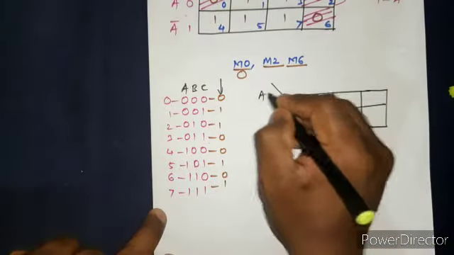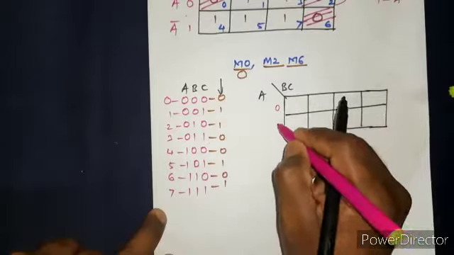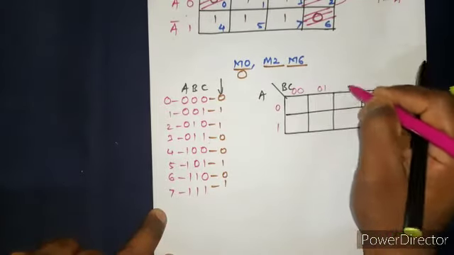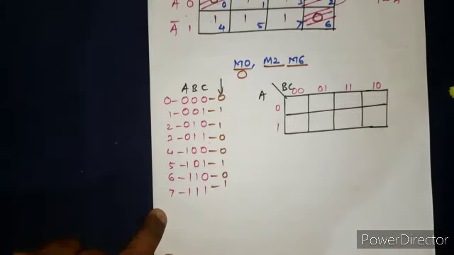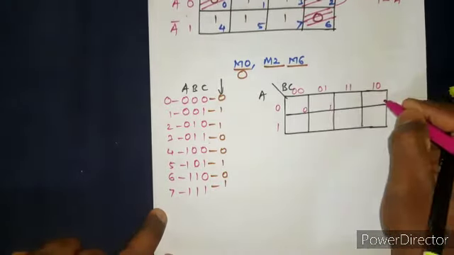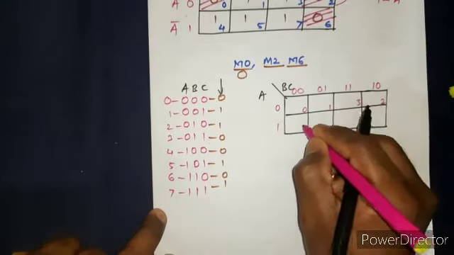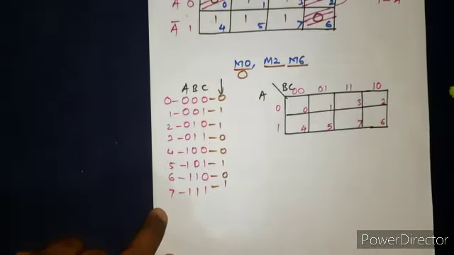So this becomes A, B, C. This is 0 1 0 0 0 1 1 1 1 0. The numbering here is 0 1 2 3 4 5 6 7.